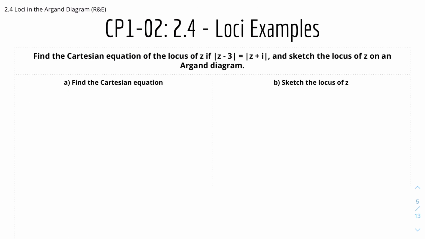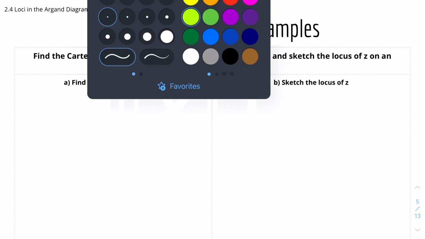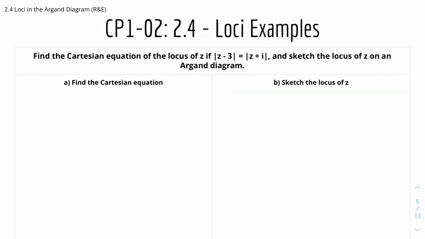And here we have another question. Find the Cartesian equation of the locus of z if the modulus of z minus 3 equals the modulus of z plus i, and sketch the locus of z on an Argand diagram. So we can first substitute z by x plus iy.